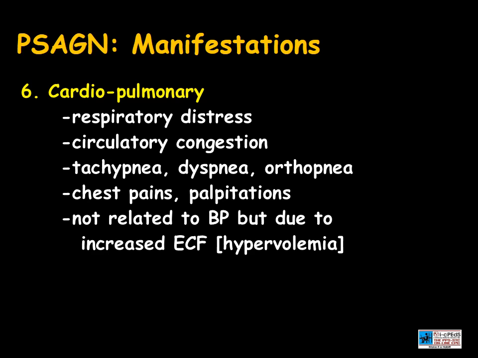Signs of fluid retention or salt and water retention are usually manifested in the cardiopulmonary system. It may present as respiratory distress in the form of tachypnea, dyspnea, orthopnea, or chest pain. This is not related to increased blood pressure, but it is due to the increased extracellular fluid or the relative hypervolemia.